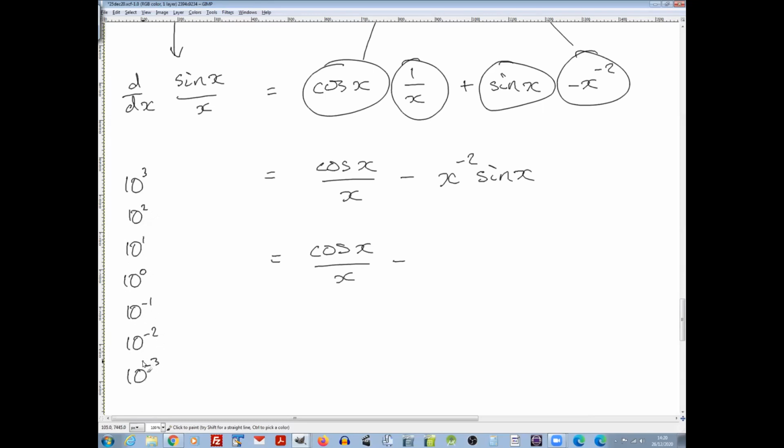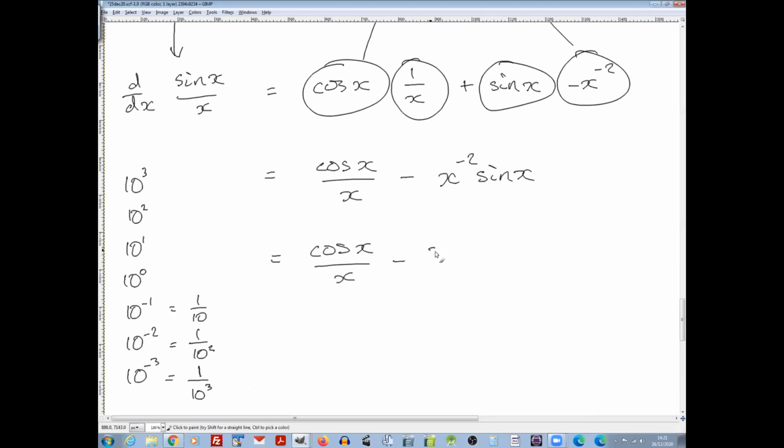So 10 to the minus 1 would be a tenth. 10 to the minus 2 would be a 100th. 10 to the minus 3 would be 1 over x cubed. Yeah, so it'd be 1 over x squared. Yes, it would.